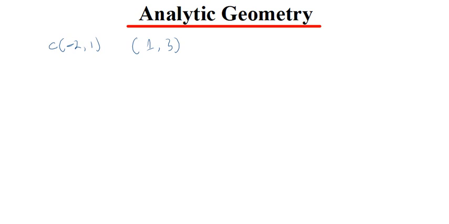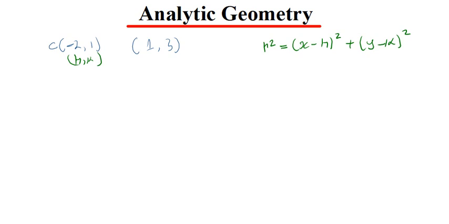By the way, just to remind ourselves in case you have forgotten, the standard equation is given as r squared equals your x minus h squared, plus y minus k squared. And you know the center is simply h comma what?